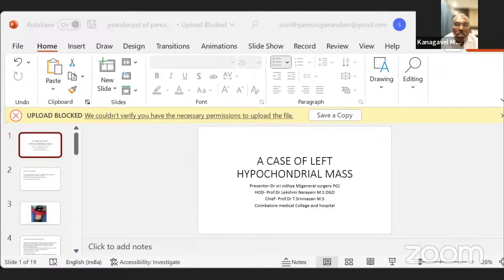Kana Srividya, are you here? I could see the PowerPoint. Dr. Srividya? Any of her colleagues, Dr. Srividya's colleagues from Coimbatore Medical College, can you check with her, please?